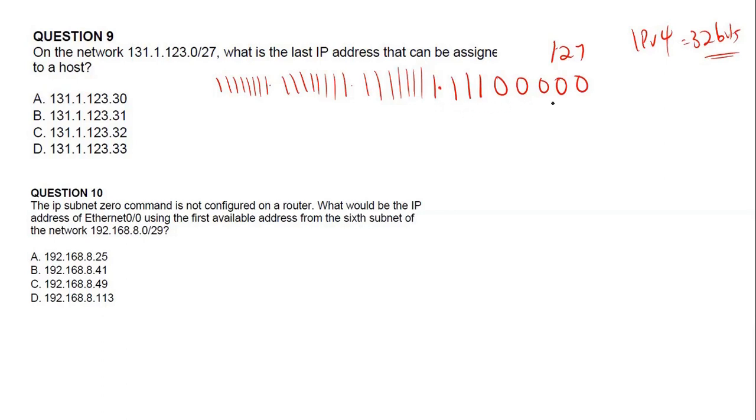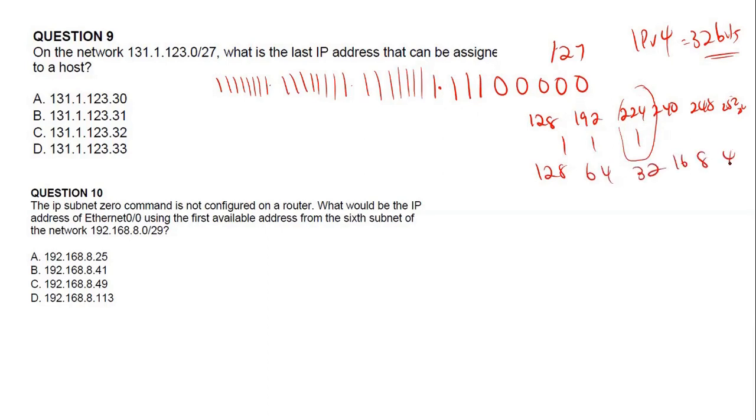So our /27 takes us back to 240, 248, 252, 254, here. You're talking about 224, and 224 has a range of 32. So our range is 32. I'll start from 0, I go to 32, I go to 64.